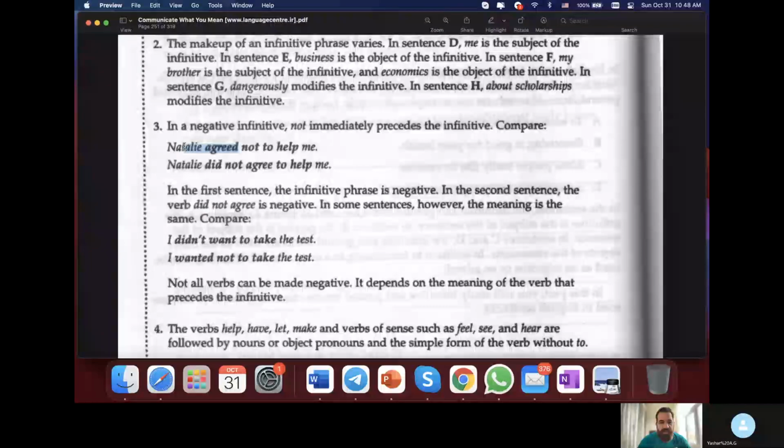This sentence is positive structure. Then Natalia agreed, then not to help me, but did not agree, she did not agree to help me. Yes, this is negative. موافقت کرد که به من کمک نکنه. موافقت نکرد که به من کمک کنه. They are two different structures.